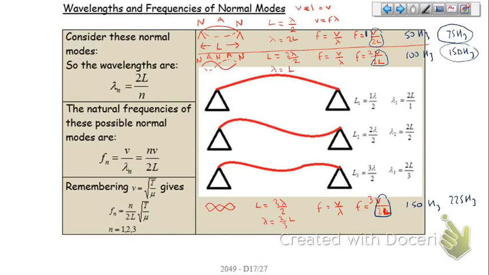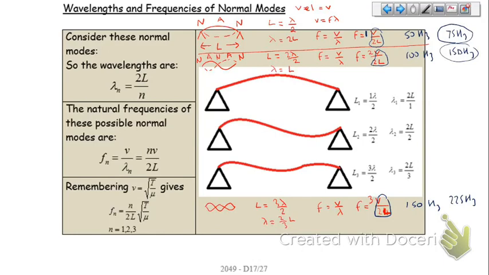This third pattern is 3 times the frequency of the first harmonic. Let's call it the third harmonic, because it's 3 times the frequency. So the 17th harmonic will be 17 times the frequency of the first harmonic.